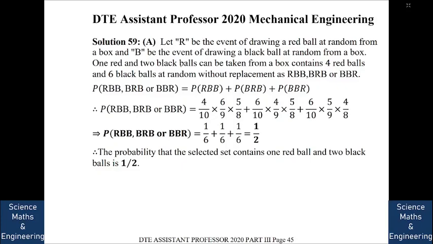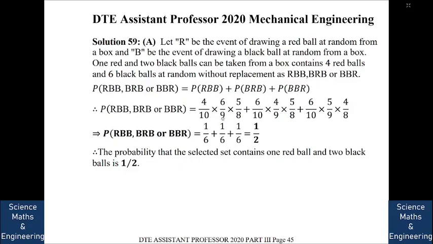Now, 1 red ball and 2 black balls can be taken from a box containing 4 red balls and 6 black balls at random without replacement as, like, first red ball, second black ball, third black ball, or black ball, red ball, black ball, or black ball, black ball, red ball, right? So the probability of selecting any of these is the summation of the probabilities of these individual possibilities.